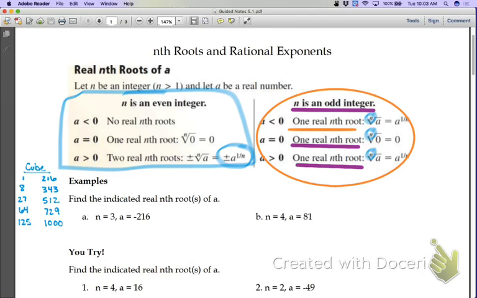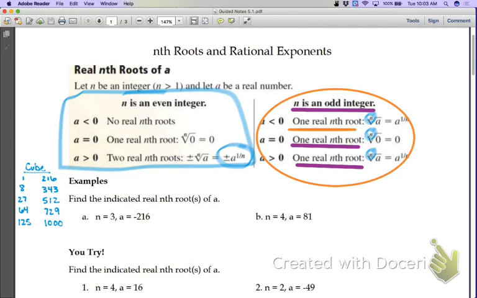Now again, if it's a perfect cube, the same values apply if it's -1, -8, -27, -64, whenever I'm talking about roots and things of that nature.